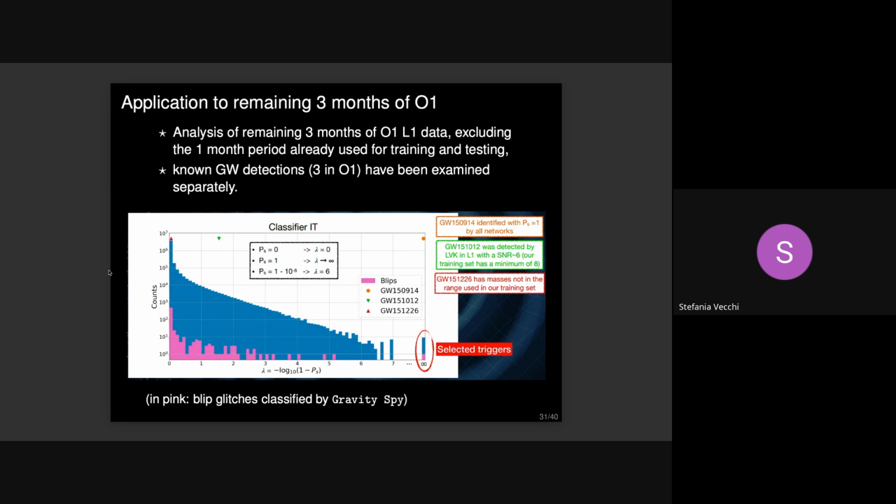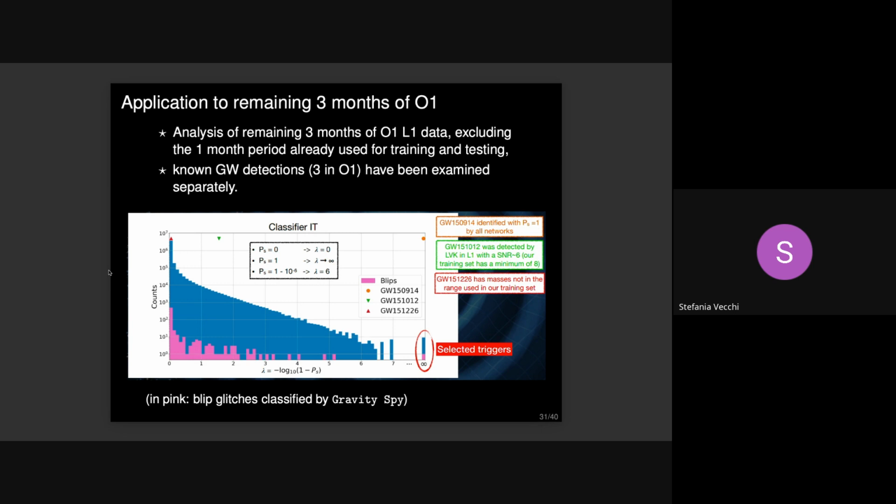Well, we didn't do that. Then this pink histogram is a distribution of glitches in the same data that were classified by the community volunteer program. So basically, people looking at the data and saying yes, this is a glitch because it looks like a glitch. These images from before were from the Gravity Spy community volunteer initiative.